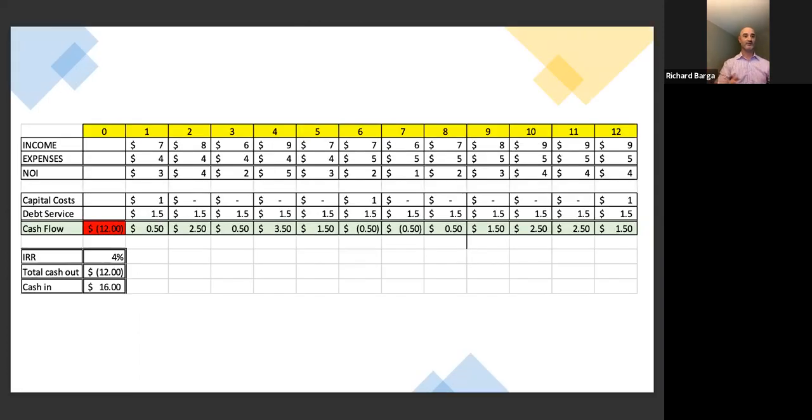Okay, and so here we put the whole thing together for you to think about. Here's the same schedule.